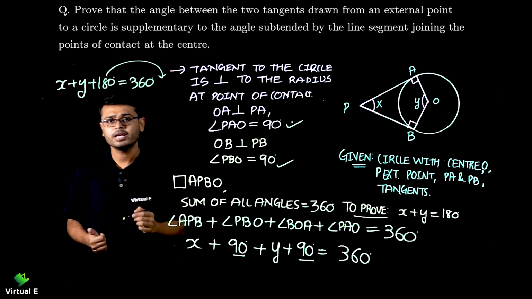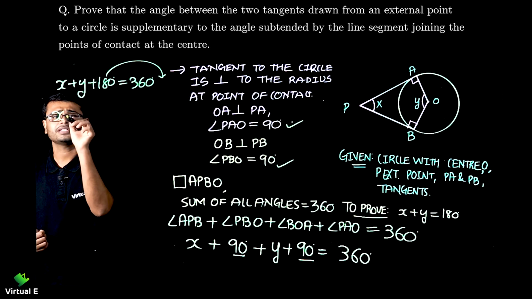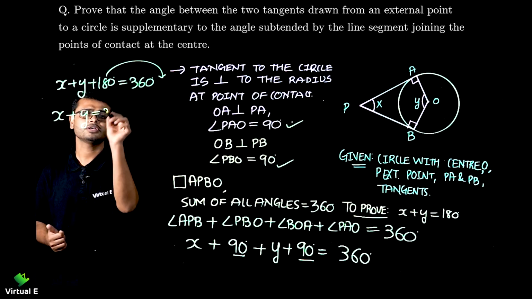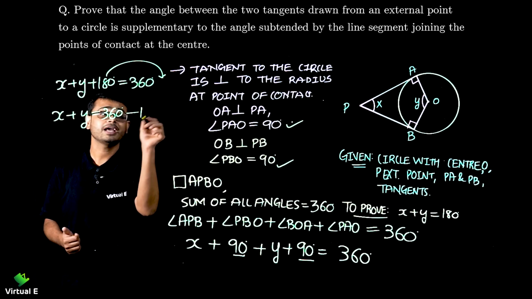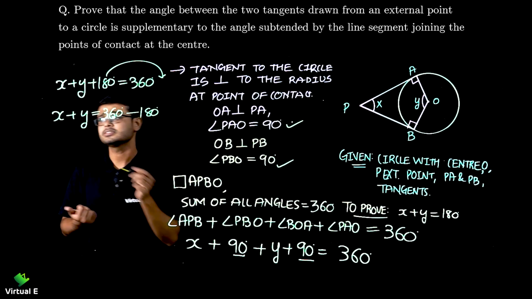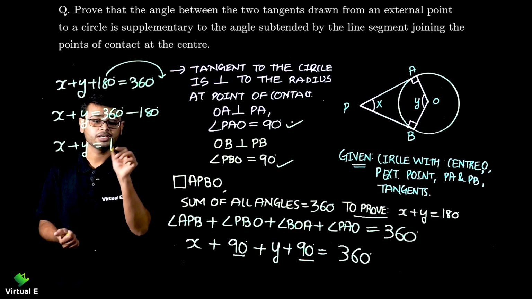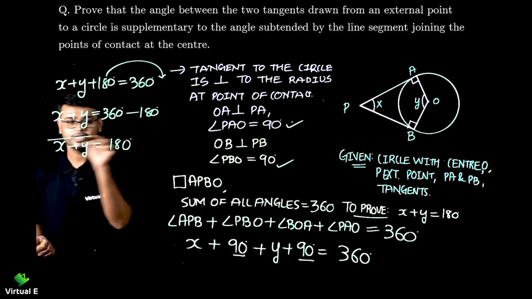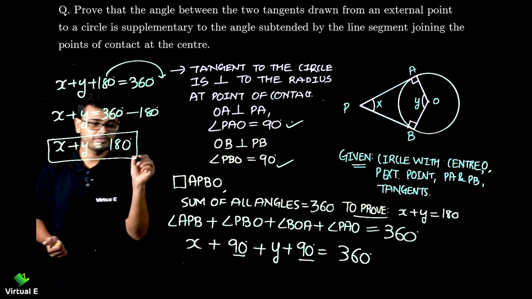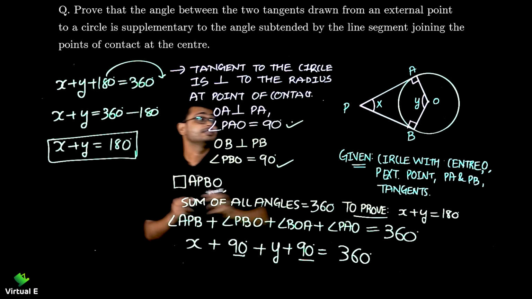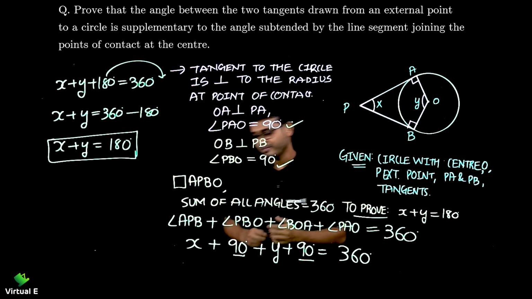Shift this 180 here, so x plus y is equal to 360 minus 180. We need to change the sign. So what's the answer? 180 degrees. See, we are done with the proof. We have proved that these two angles are supplementary.